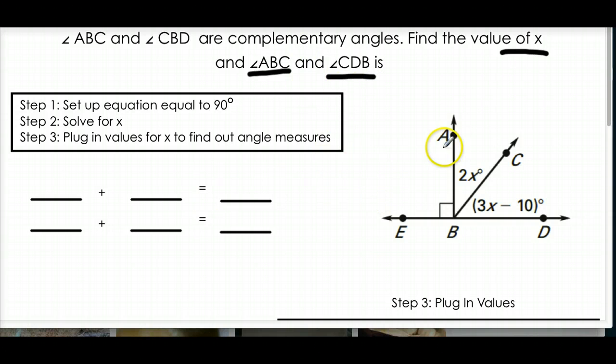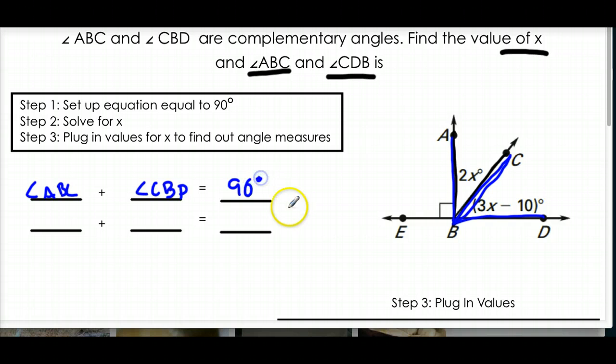All right, so we know ABC, which is right over here. Let's put that in blue. ABC and CBD are complementary, so angle ABC and angle CBD are complementary. Okay, so that's the equation equal to 90. We substitute our values.